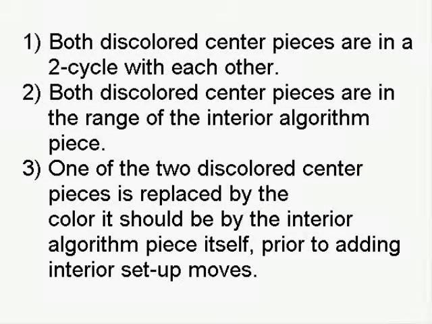First off, both of the discolored centerpieces need to be in a 2-cycle. Second, both discolored centerpieces are in the range of the interior algorithm piece, and for the Holy Grail example, that was 3B prime 3R prime 3B. And third, one of the two discolored centerpieces is replaced by the color it should be by the interior algorithm piece itself, 3B prime 3R prime 3B for the Holy Grail, prior to adding the interior setup moves.